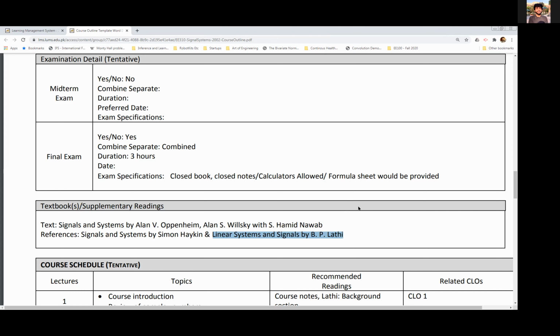Okay. So any questions about the grading, how the grading is arranged? I think Circuits 2 might be very similar. No, sir, I think we are having some final exam and midterm there. Who is this? Hamza Rafi, sir.